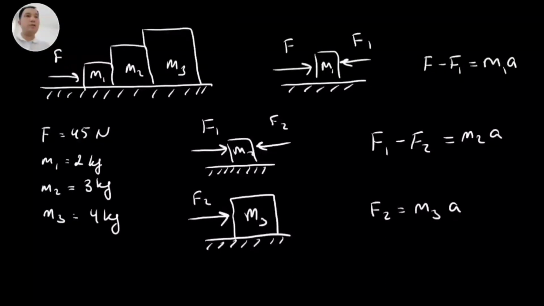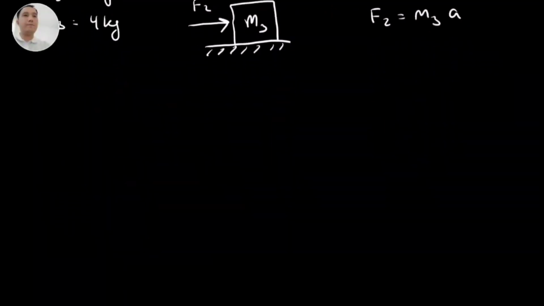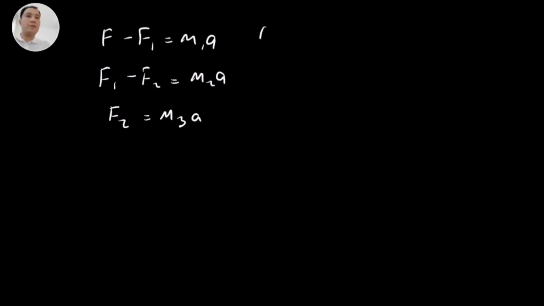So let me write these three equations separately. F minus F1 equals M1A. F1 minus F2 equals M2A. Then the last one, F2 equals M3A. First equation, second equation, third equation. Now let's add these three equations.